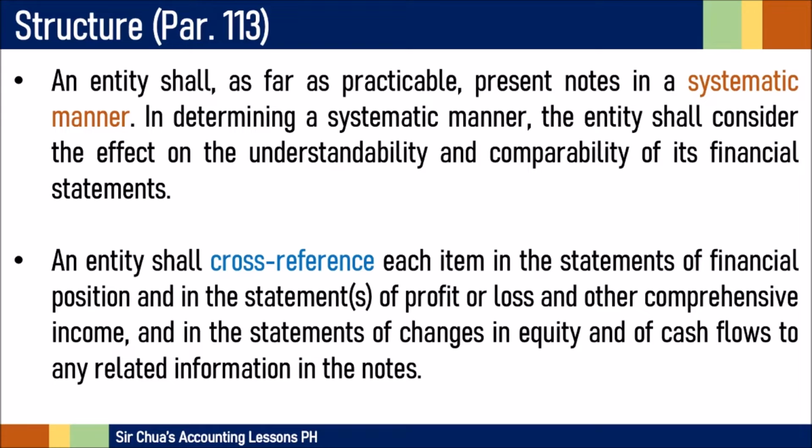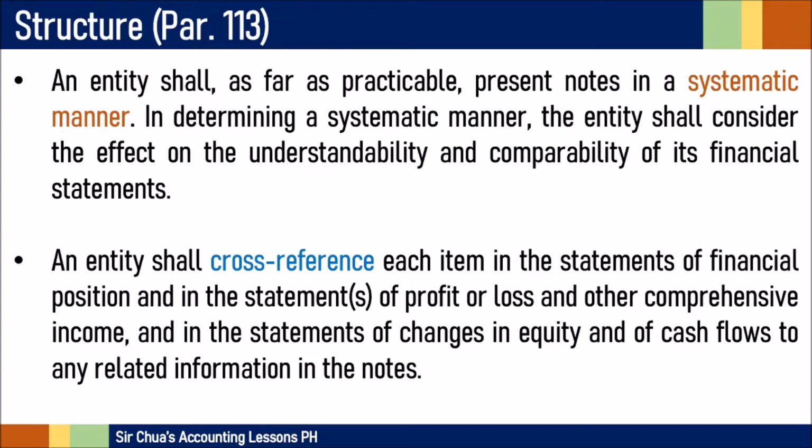When we say cross-referencing, if you say that your cash in your 2020 balance sheet is 200,000, when you report the details of those 200,000 cash in the notes to the FS, make sure that number one, you will be able to represent all of the components of that 200,000, and that it should also correspond with that total 200,000. So what we are avoiding is that we have erroneous cross-referencing, that your cash in the face of the balance sheet is 200,000, but in the notes it's only 175,000.